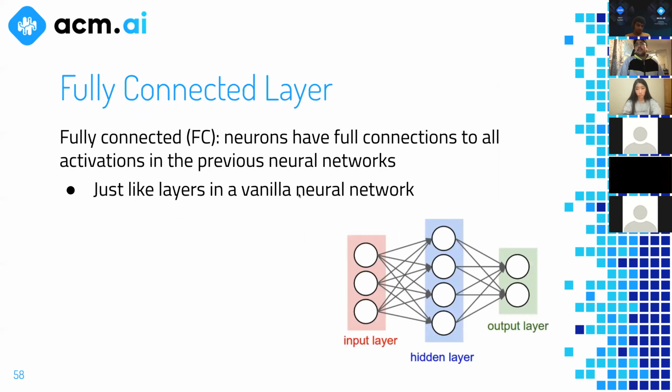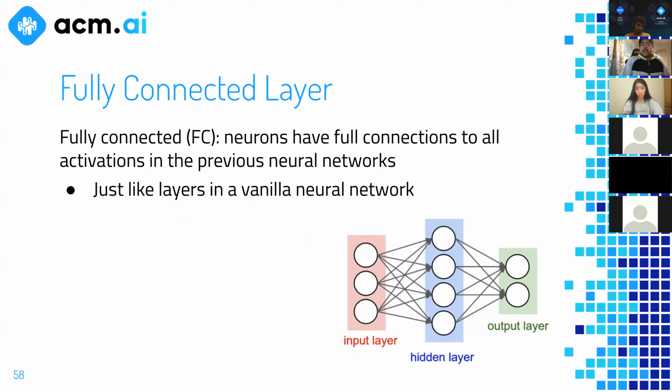And let's jump into our fully connected layer. Fully connected layers are basically our vanilla neural network layers that have connections from one neuron to every other neuron. So they're fully connected, just like the name.